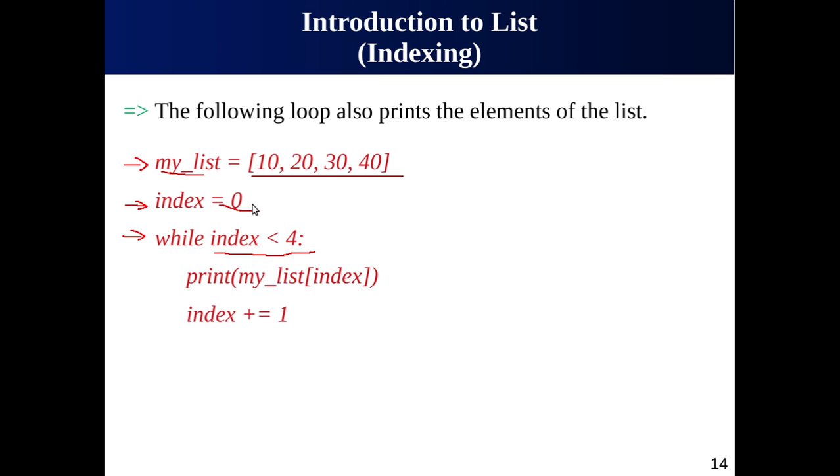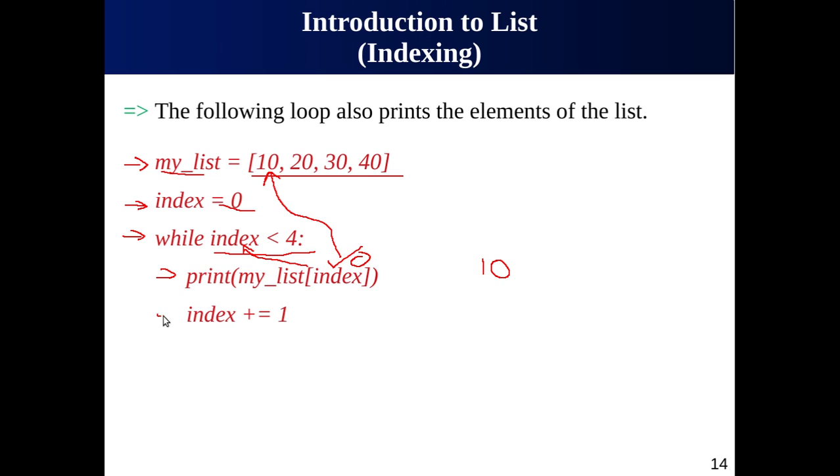As long as this value is less than 4, print my list, which is here, and the index. So what is going to be the value of index? The value of index will come from this loop. So initially the value is 0. So print my list 0.